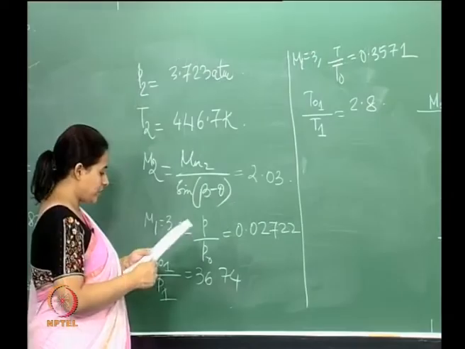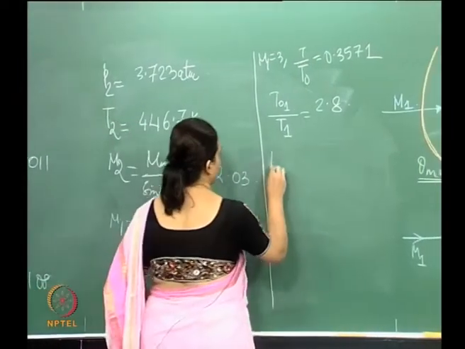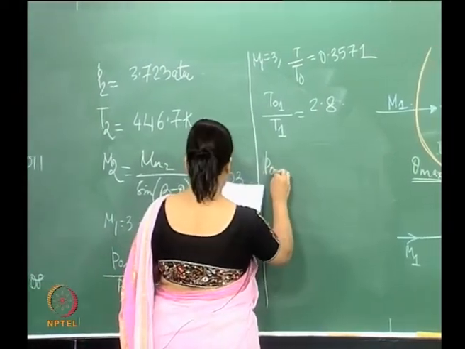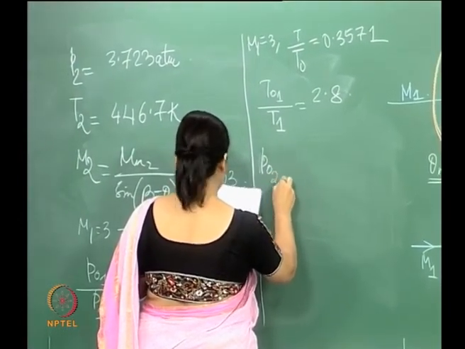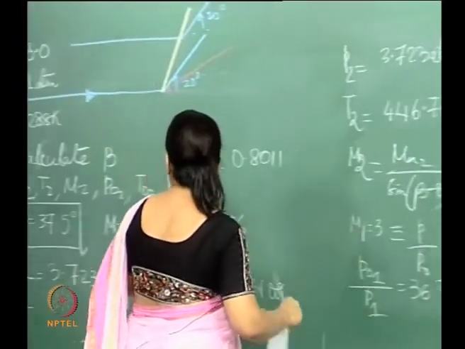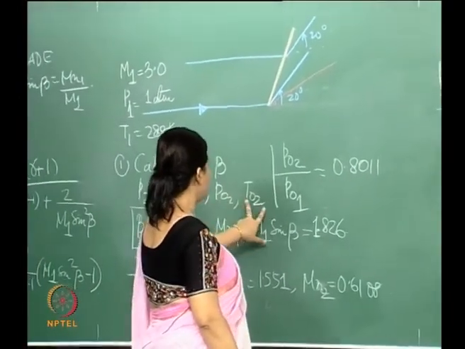Okay. So how do we calculate P naught 2? What we need to calculate are P naught 2 and T naught 2.